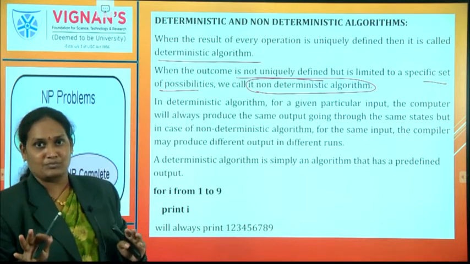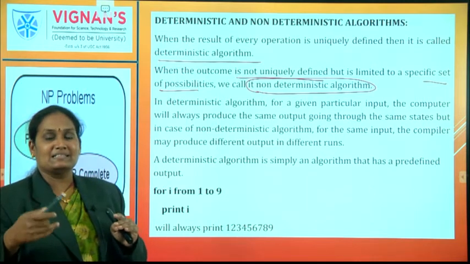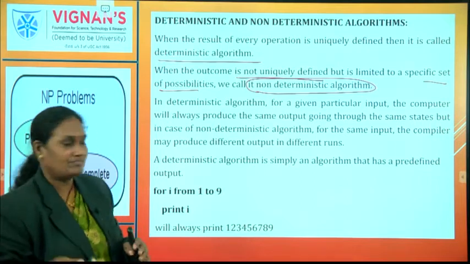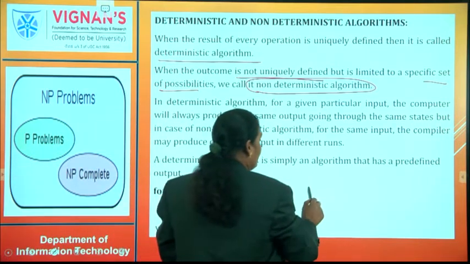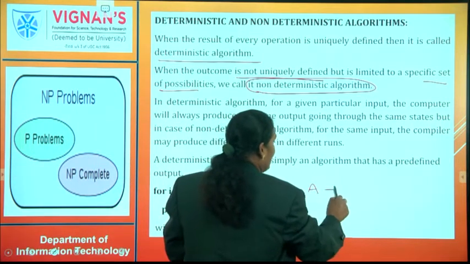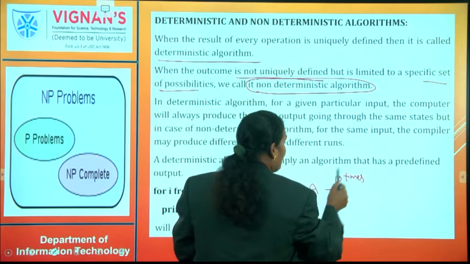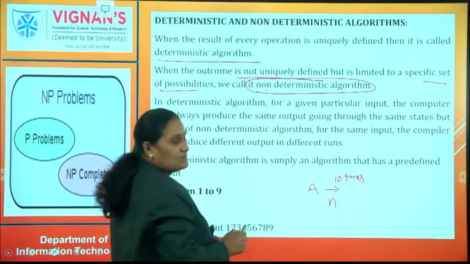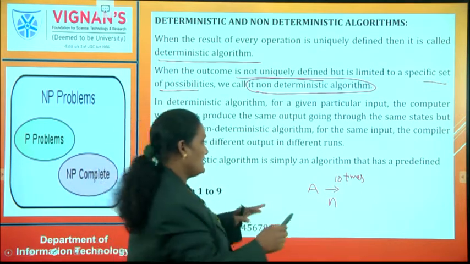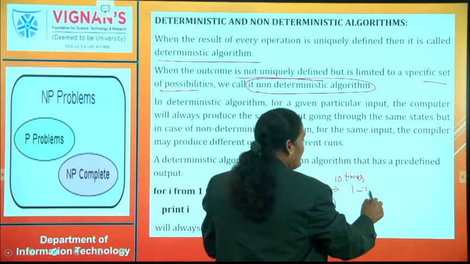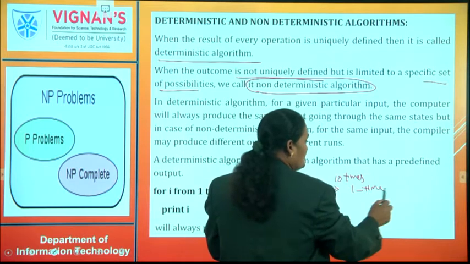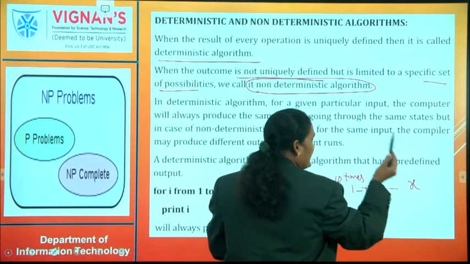For one input, if you execute the algorithm 10 times, for example, here I have an algorithm A, I implemented this algorithm 10 times and the input I give is n. The first time, it gives an output x.